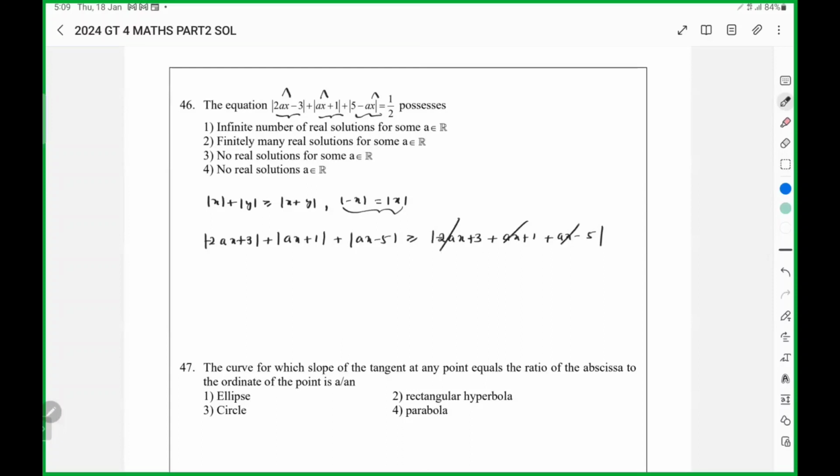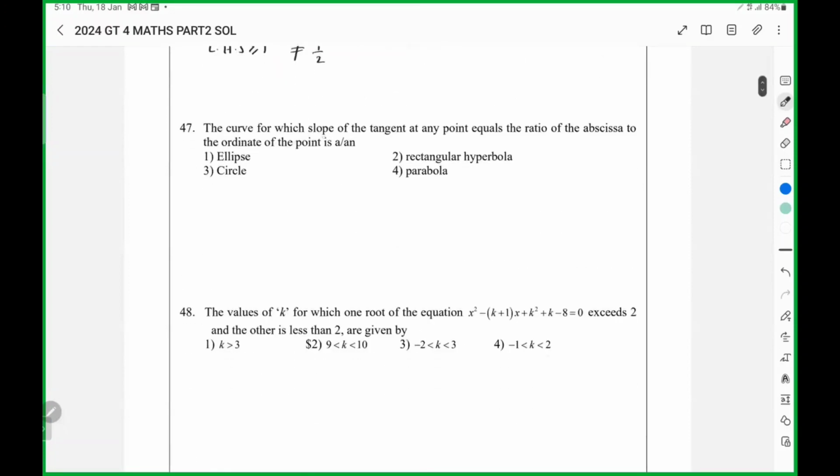Yes, it gets cancelled, which is greater than 1, but equal to half. LHS is greater than 1, so obviously it can't be half. So there is no real solution for any a belongs to R.